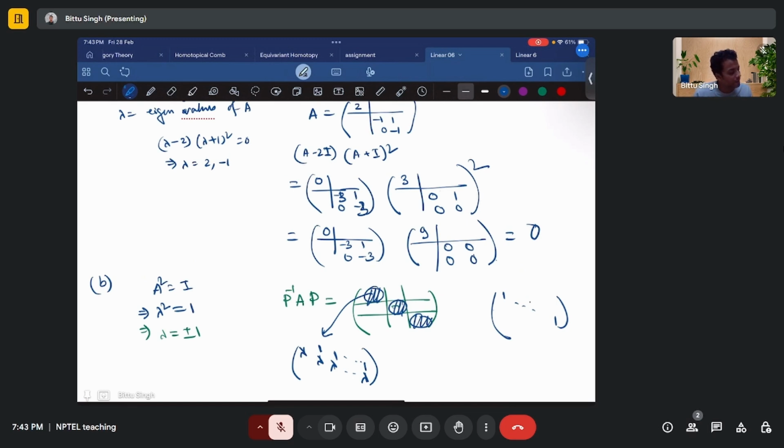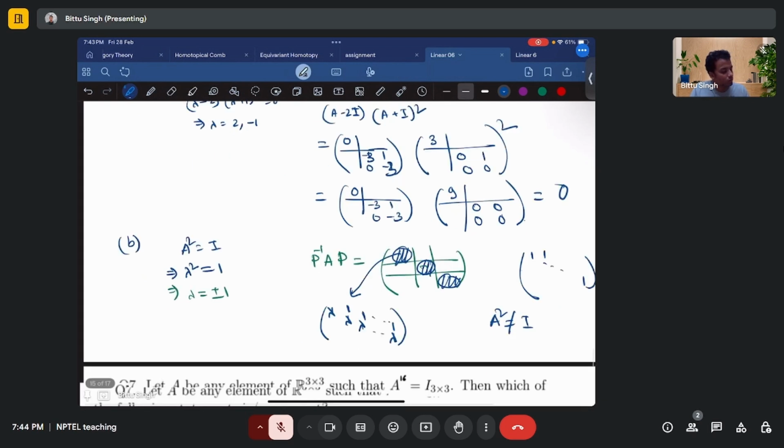But suppose a one occurs at any place except the diagonal entries. Then clearly A square will not satisfy the relation. A square will not be identity.